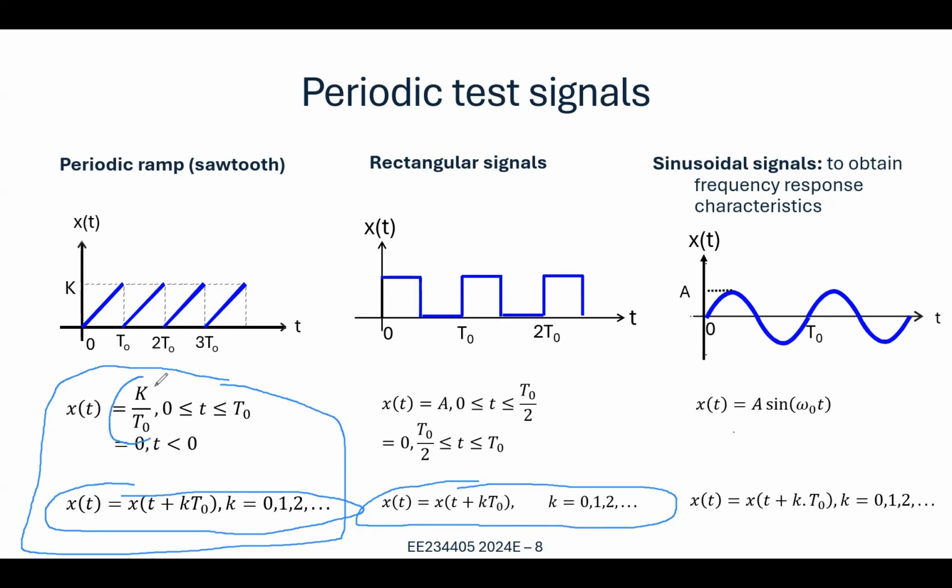If the time is between 0 and t0, we have some ratio here, whereas for the rectangular we have a constant, and for the sinusoidal we have the sine or cosine, which could represent the changes of the value of the signals over time. So that's the periodic test signals.